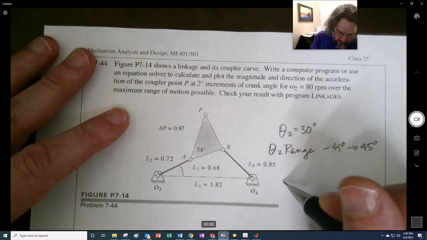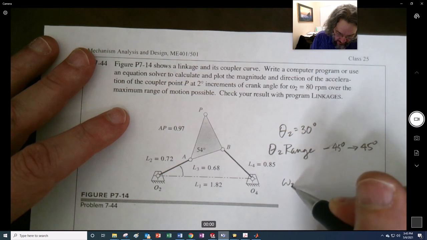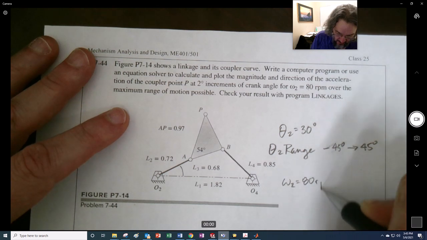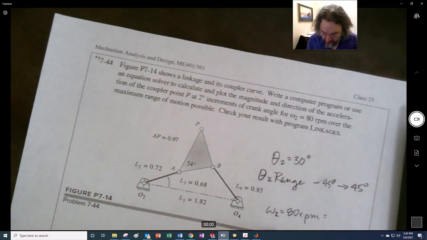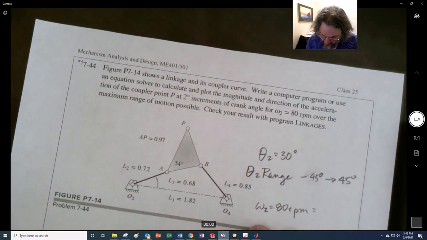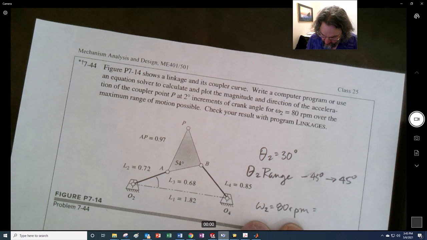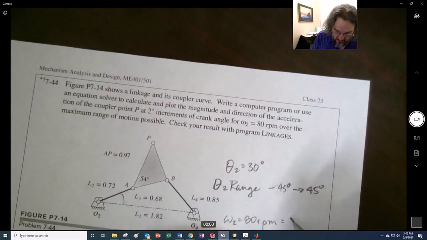So omega 2 is 80 RPM, which is how many degrees per second? 80 times 360 divided by 60. That's 480. We just did this in the other problem. So that's degrees per second.